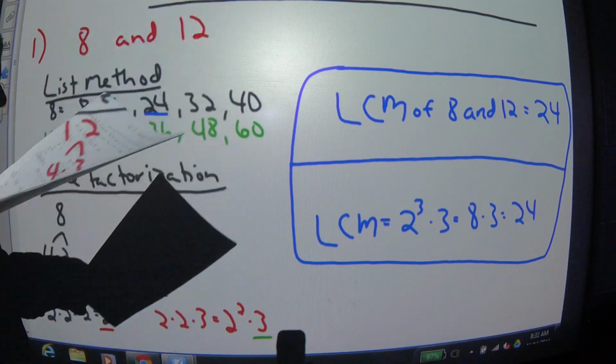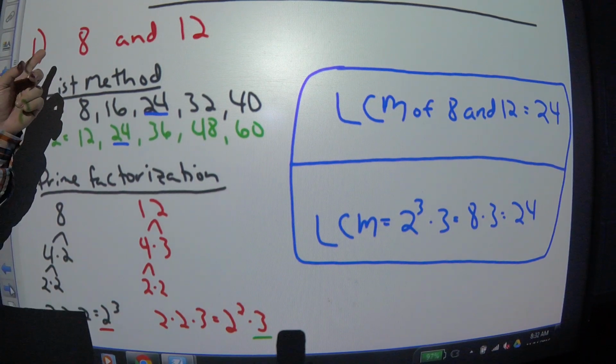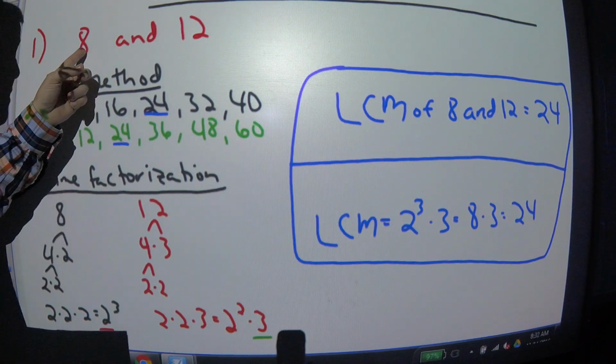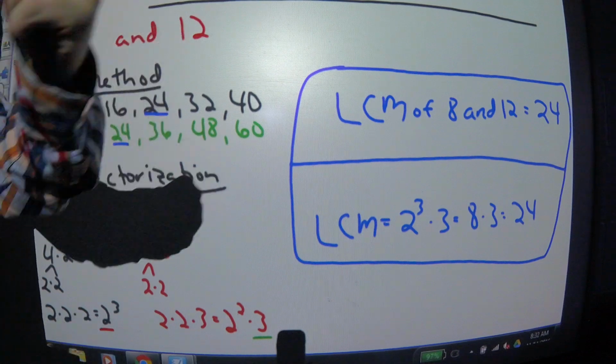The least common multiple is the smallest number that is a multiple of two or more numbers. It's the smallest number that these numbers will divide into evenly. Not what will divide into 8 and 12, but what 8 and 12 will divide into.